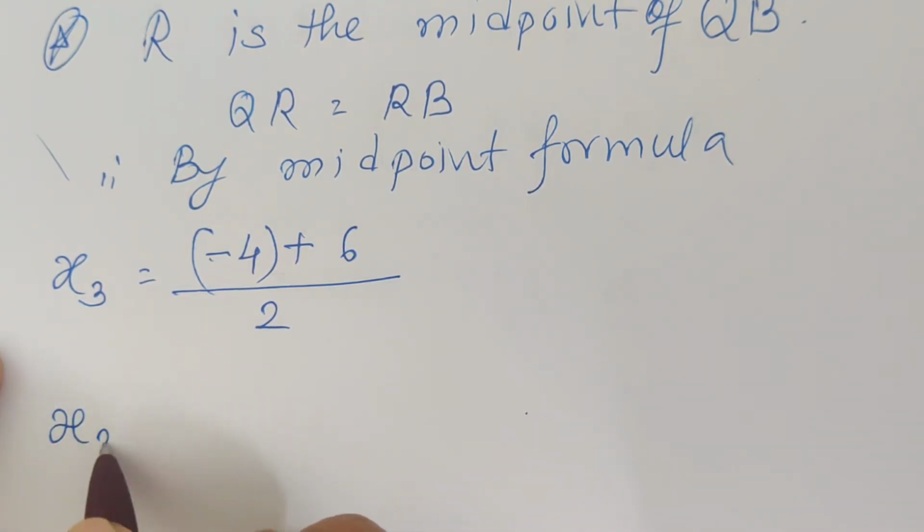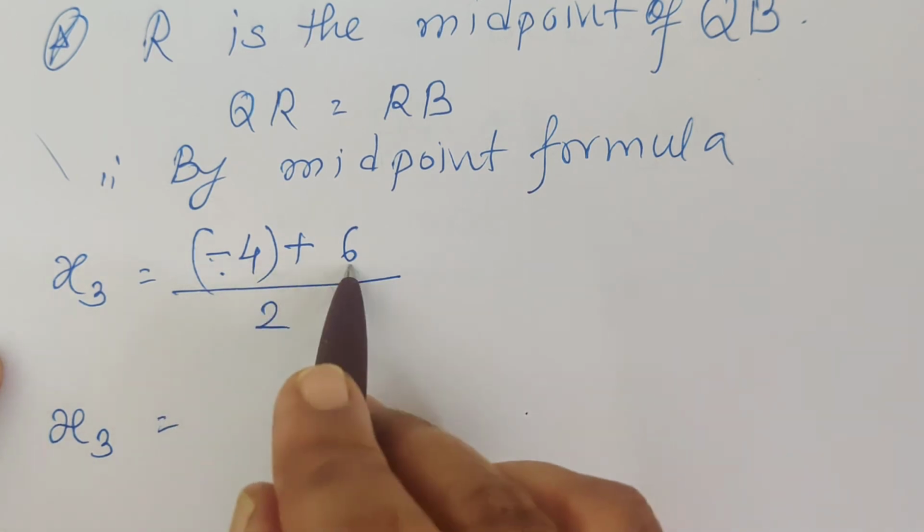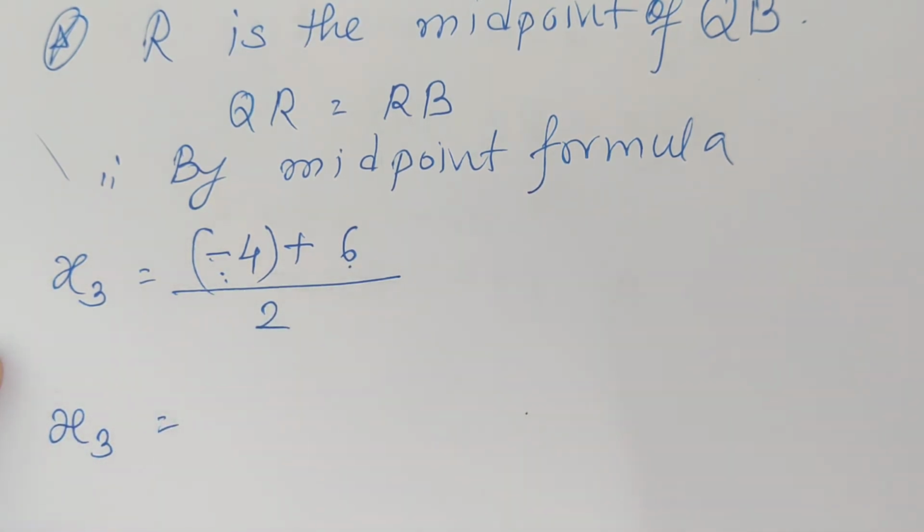So you get x3 is equal to minus plus minus bigger number sign. So 6 minus 4 is equal to 2. Bigger number sign, that means plus 2 divided by 2. And so 2 ones are 2, 2 ones are 2. You will get x3 is equal to only 1.